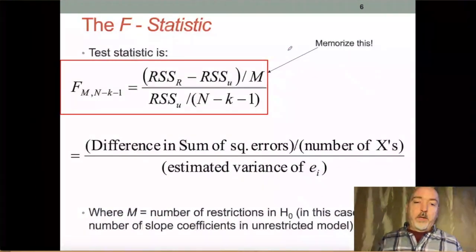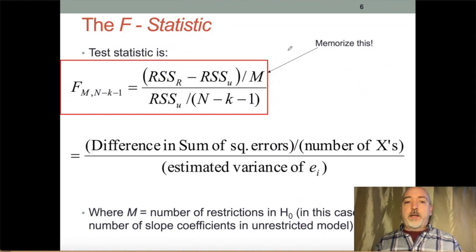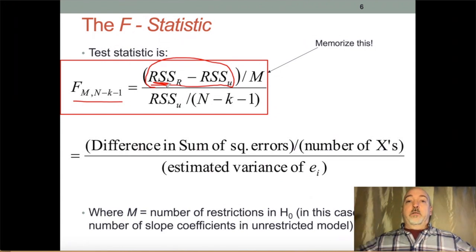So if you were hoping for a formula to memorize, here it is. The F-statistic formula all revolves around this here, the RSSR minus RSSU. When we impose the restrictions, we set those coefficients to 0, how much do our residuals rise?